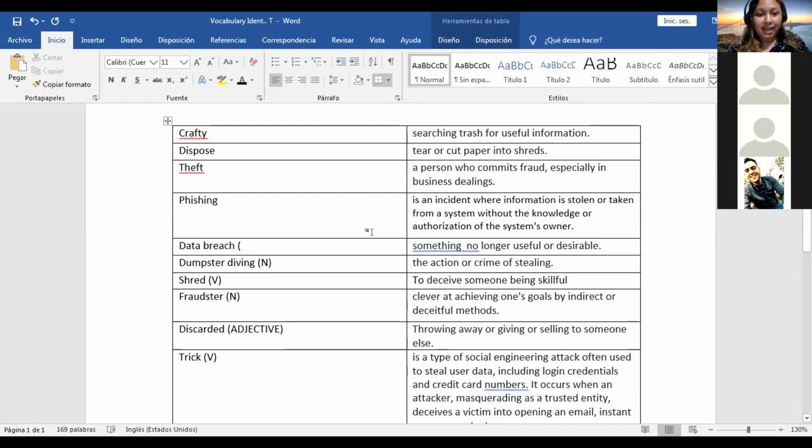So we would say that data breach is an incident when information is stolen or taken from a system without the knowledge or authorization of the system's owner. And your definition is very accurate. So data breach is a noun as well. Okay, very good. Now, phishing. What is phishing?